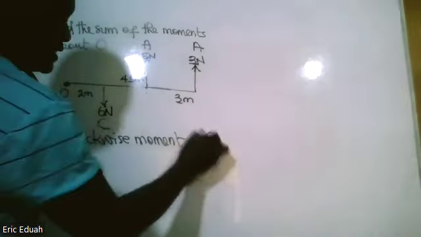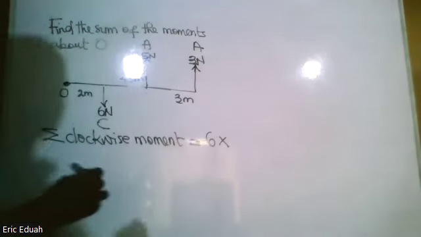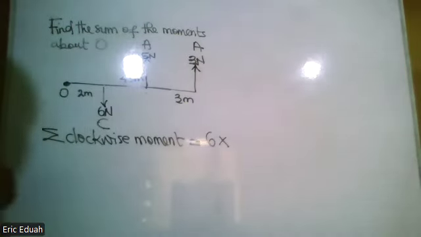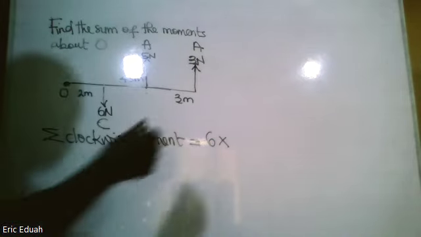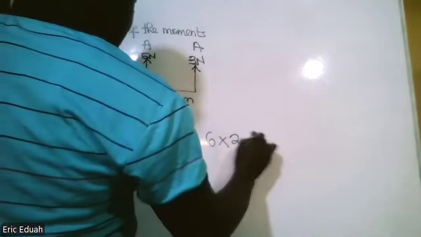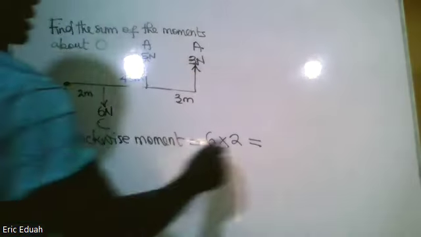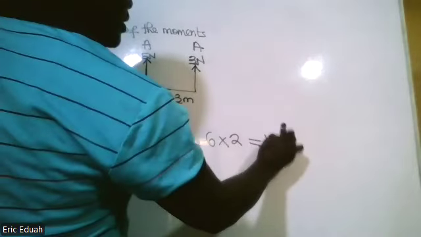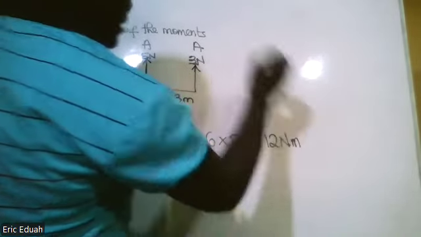So 6 times, what is the perpendicular distance of the force from the pivot? 2 meters. So the sum of clockwise moments is equal to 12 Newton meter.